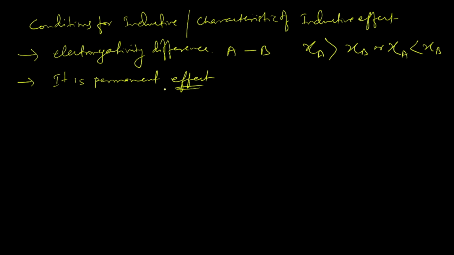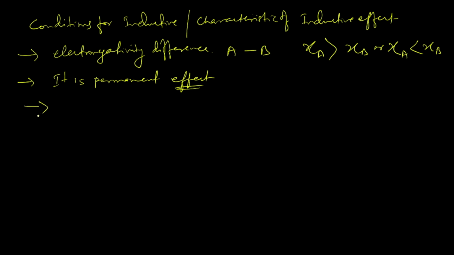So this is a permanent type of effect, not temporary. We'll see where the temporary effects work and where the permanent effects work. This inductive effect is a permanent effect because it is based on the electronegativity difference, and as long as that difference exists, this effect will exist.